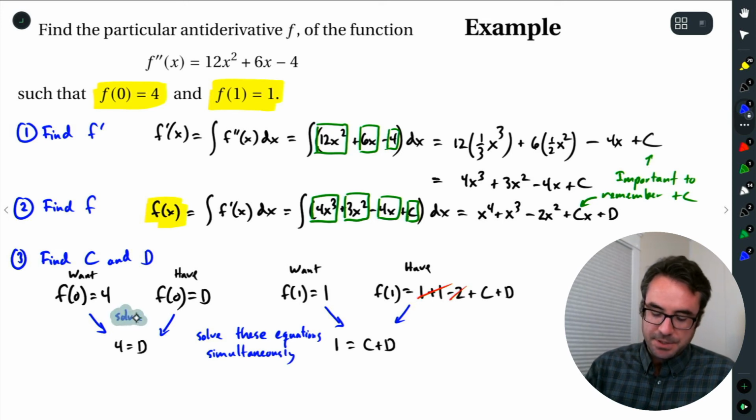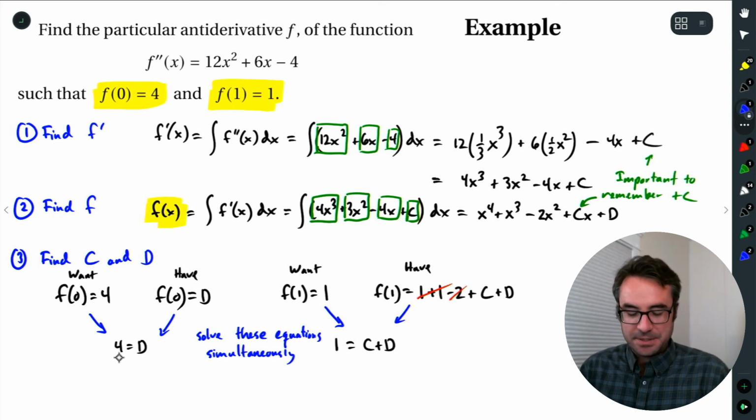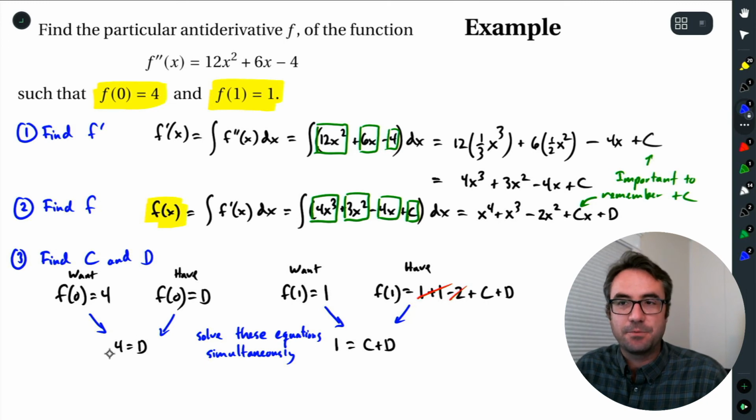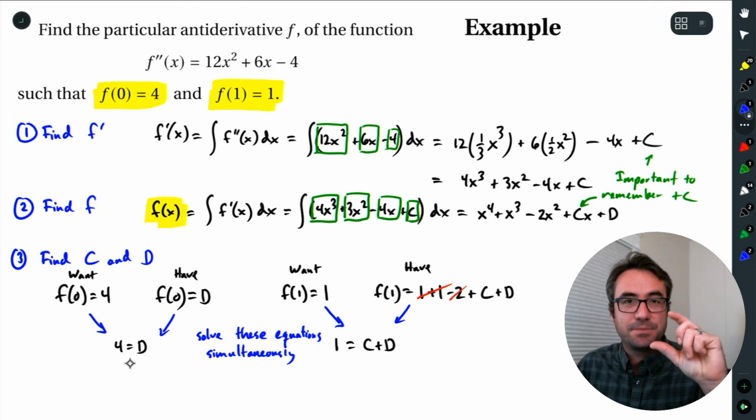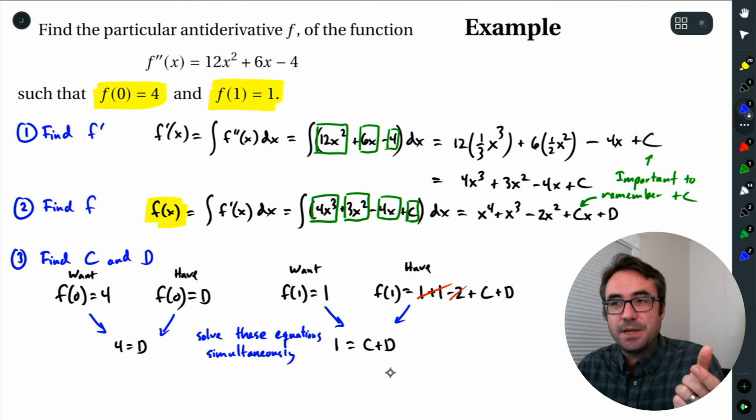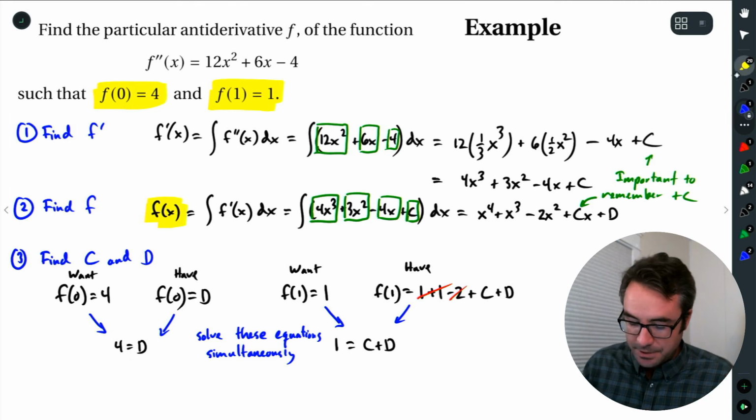Sometimes we don't always get this lucky where we can figure out from the first equation what one of the constants is. Sometimes you might get an equation involving both C and D here, an equation involving both C and D here, and then you have to solve one of the equations first and then plug it in over here. So that's what we can do here, is we know what D is.